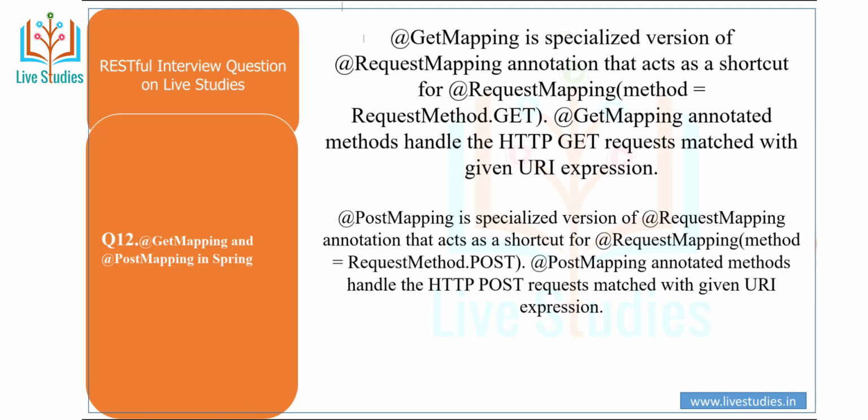Similarly, @PostMapping is a specialized version of the @RequestMapping annotation that acts as a shortcut for @RequestMapping with method equal to RequestMethod.POST. A @PostMapping annotated method handles the HTTP POST requests matched with the given URL expression.